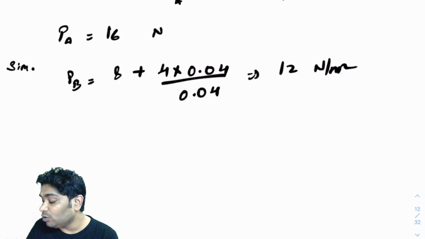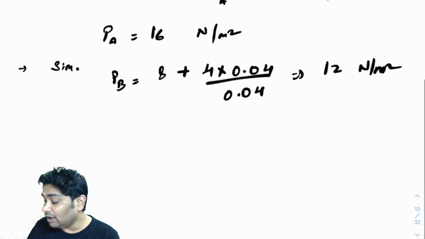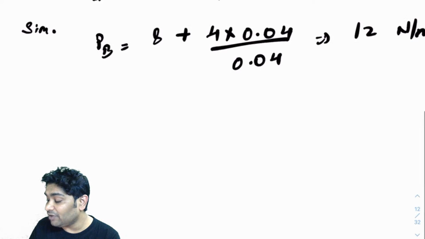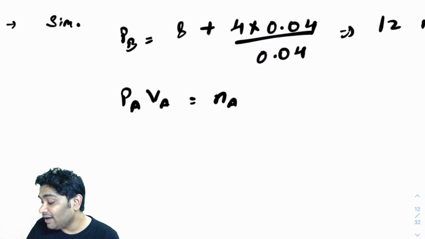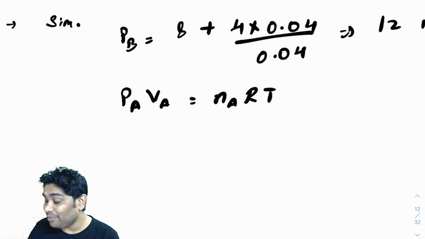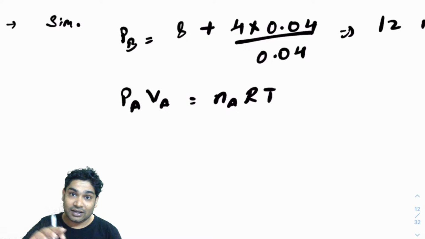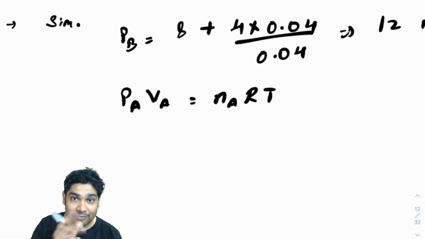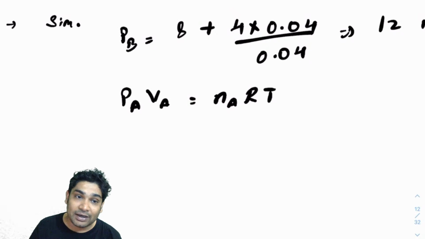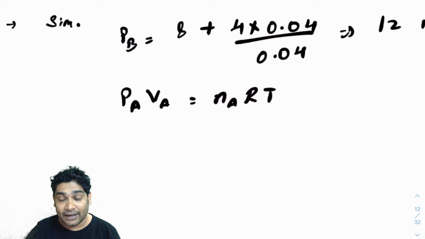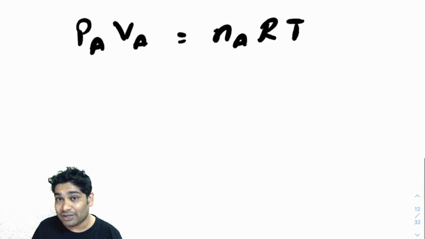Alright, so I have the two pressures. Now there is nothing much left to do. I know PV equals nRT, so I can say PA VA equals NA R T. Now I can imagine the temperature would be the same, because the bubble inside the soap would take up the ambient temperature only, and the ambient temperature would be common for both of them, so the air inside both would be at the common temperature.